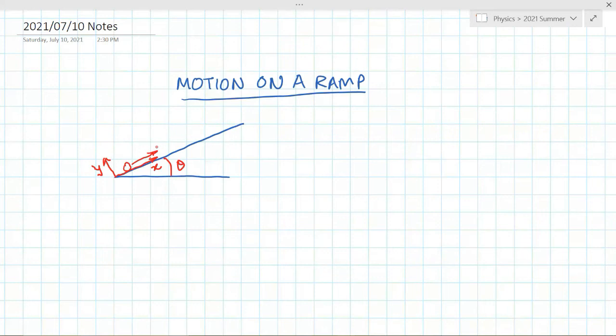We have to look at whatever is the x component, and that will give us the result. But we may have to resolve other vectors along x and y to work with those components. So we'll see an example here that will give us the idea how to use it.